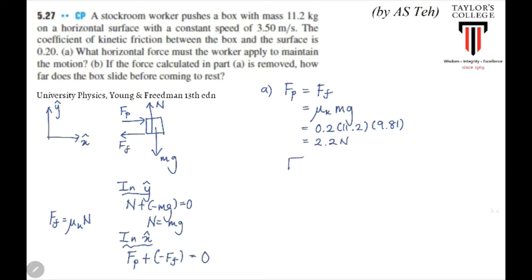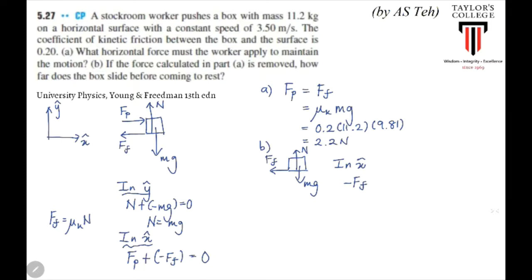Let me just draw it. It's the same as before, with normal force, mg, and then we just have F friction. So this is part B. We need to equate the forces in y and in x again. In y it's the same as the initial, but in x it's slightly different. In x, we have negative F friction.